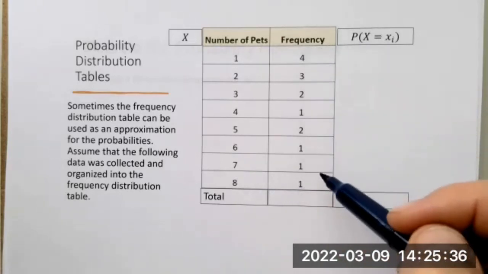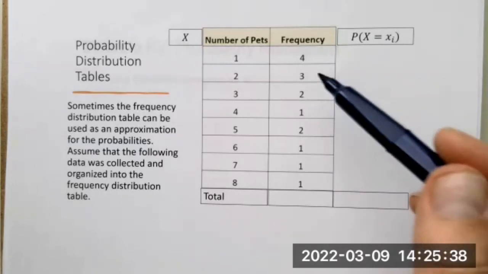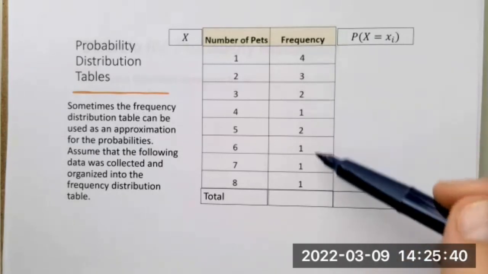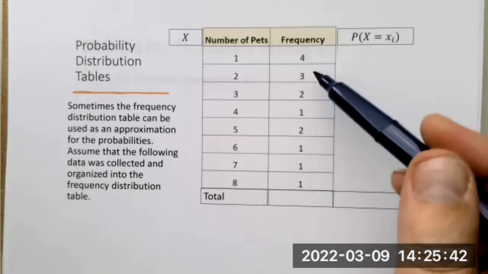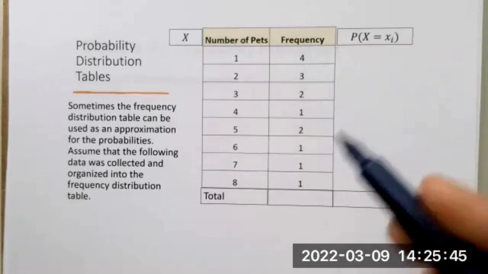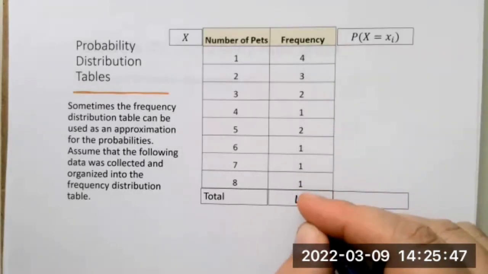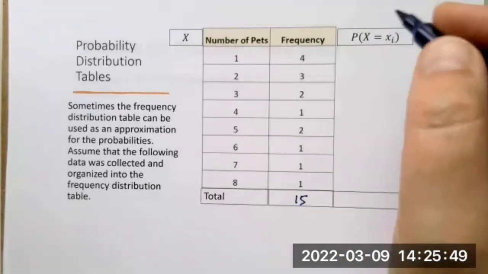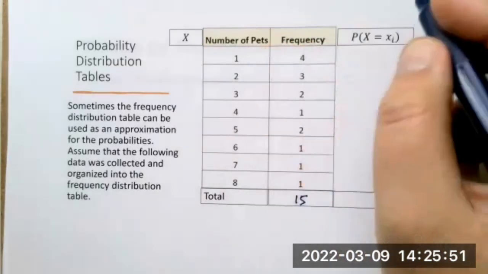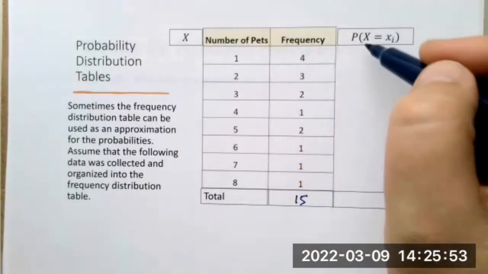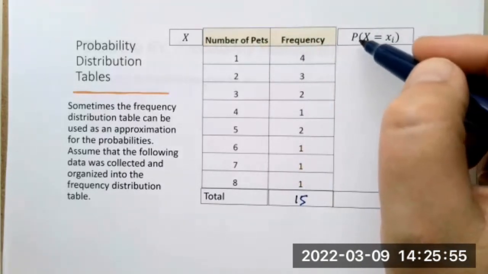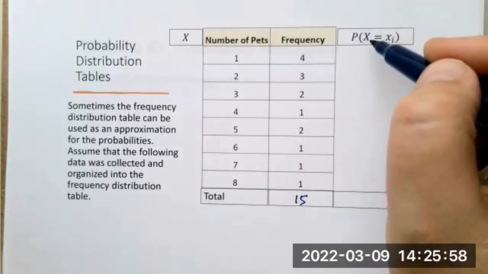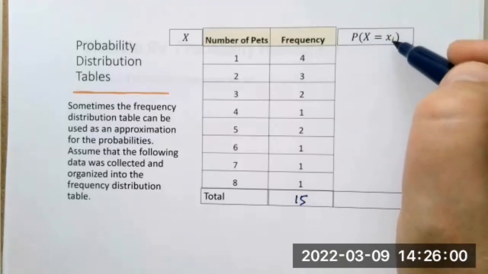So what's the total frequency? In other words, how many people were asked about pets? Well, if we add all the frequencies, the total will come out to 15. So what's the relative frequency for 1 pet? In this case, that's going to be the probability that a randomly selected person will have 1 pet.